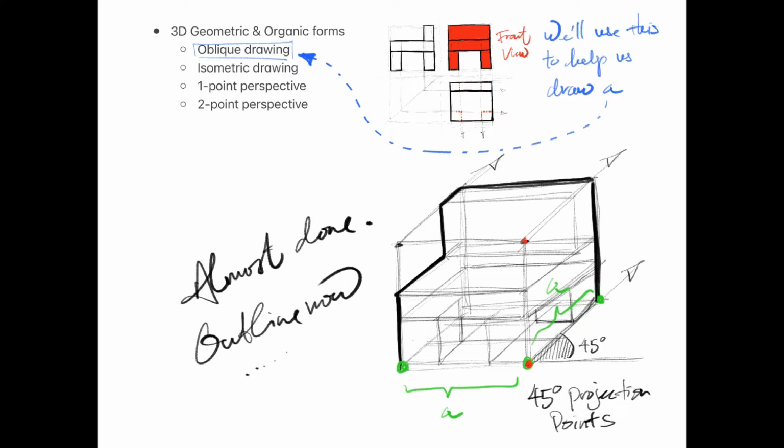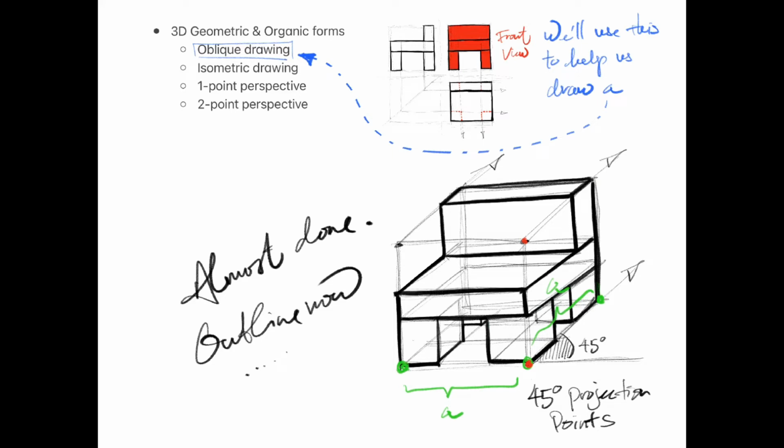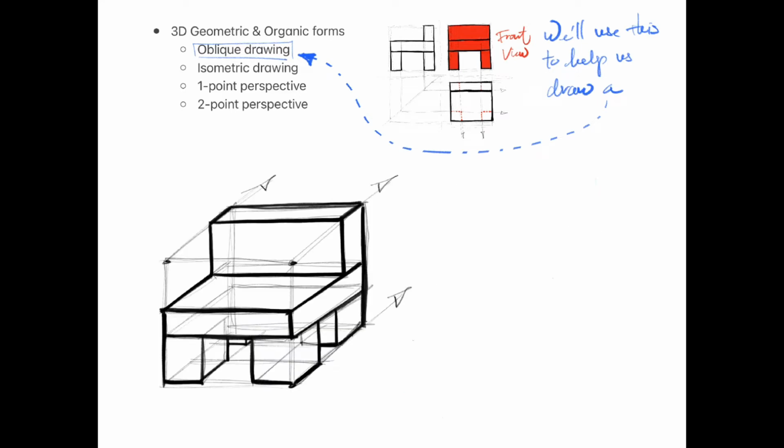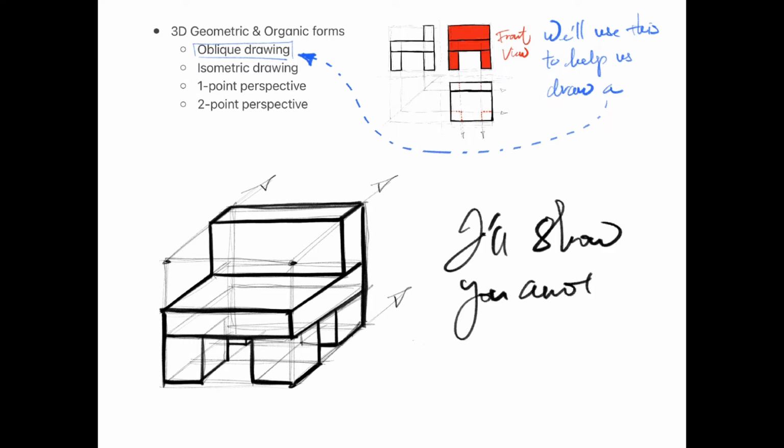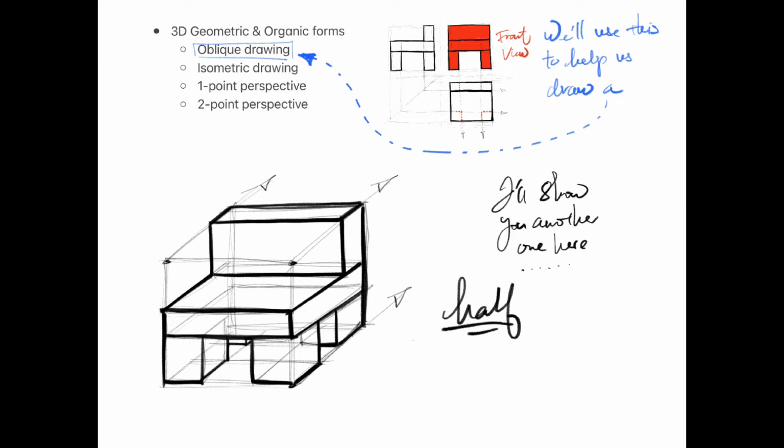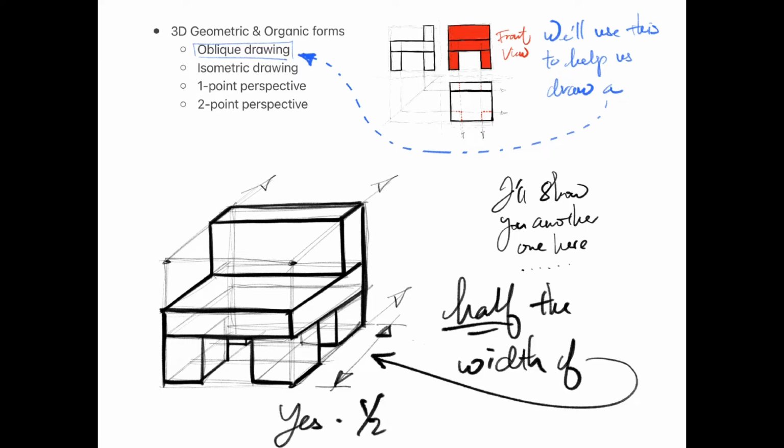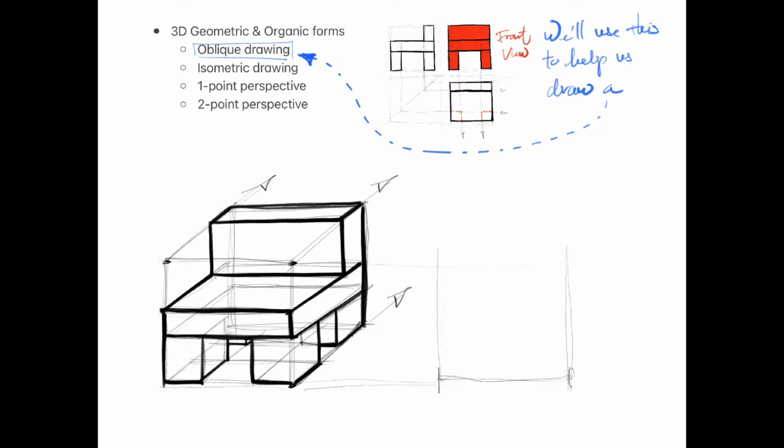A cube is equal length, breadth, and height. So if you take an oblique drawing and draw a cube based on that dimension, you will realize that the object will look very long. So the solution is to use half the width or 2/3 of the width.